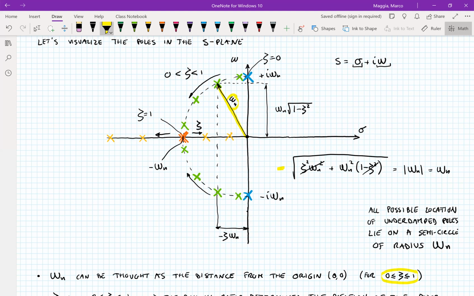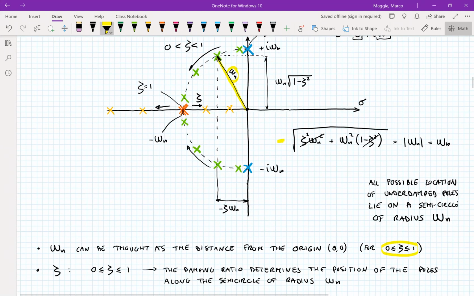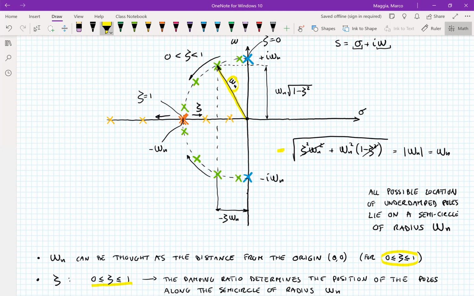And again, with the damping ratio between 0 and 1, you can think about the damping ratio as determining the position of the poles along the semicircle of radius omega n. So the smaller the damping ratio, the closer we are to the imaginary axis. And then as we increase the damping ratio, we are moving towards the real axis.